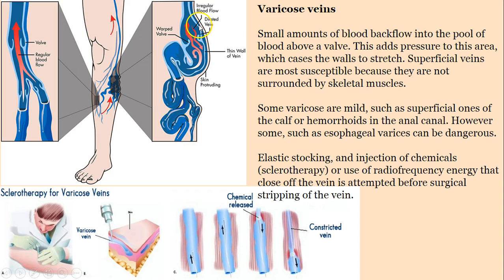Not only do we have stretch and expansion, but we also have damage, so we have backflow. This backflow then affects the valve below it. So instead of having just one varicose, sometimes there's a series of them, because this whole backflow issue is like a domino effect affecting the vein downstream.